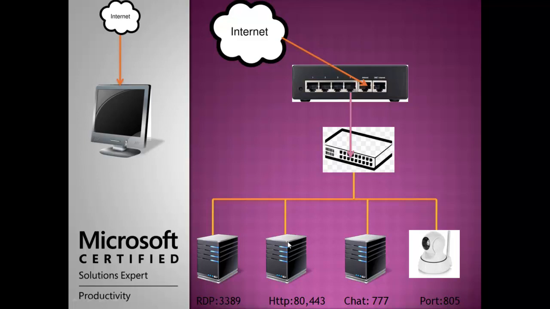Then how are you going to get access to these machines? What we are going to do is access our public IP from the outside world for different services. RDP is a different service, HTTP is a different service, chat software has a different service, and the IP camera has a different service.